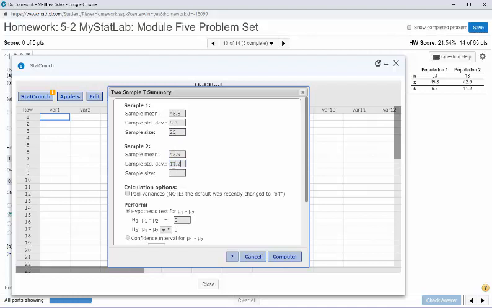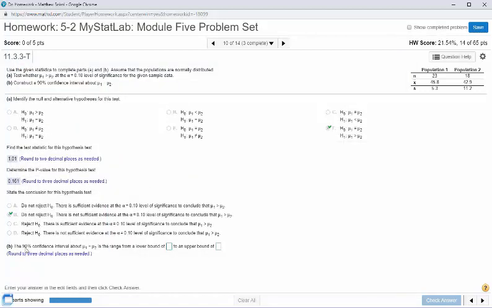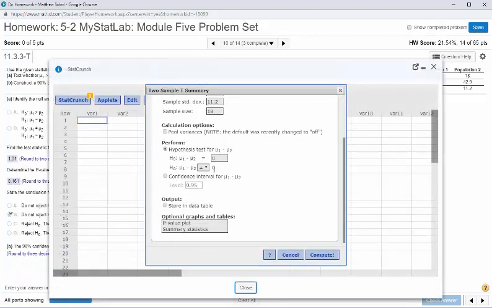As such. Now what I wanted, if you look back here, is a 90% confidence interval. So I'm going to go Confidence Interval, change it to 90, and I'm going to hit compute.